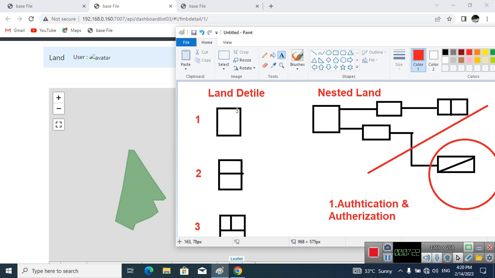Otherwise several tables are required to manage this. Here, with one table only, we can manage the nested land records. We can see the land, the nested land, the child land record, and the time at which the child was created. This child land record has a parent record, and the parent record can be traced back.